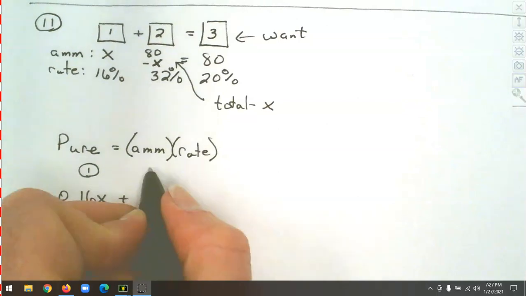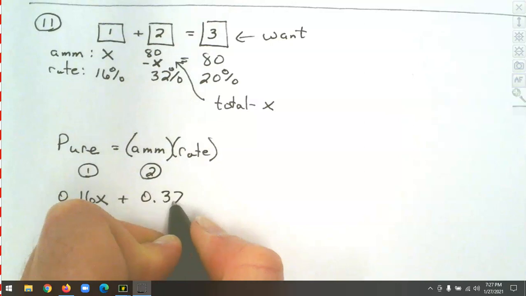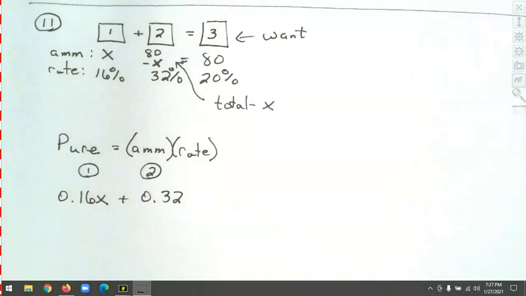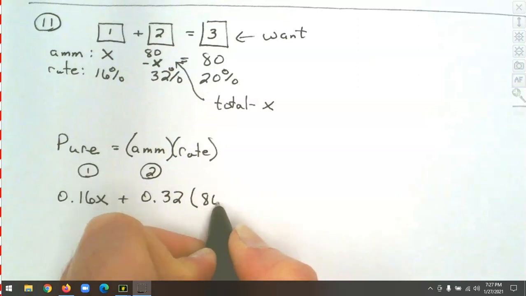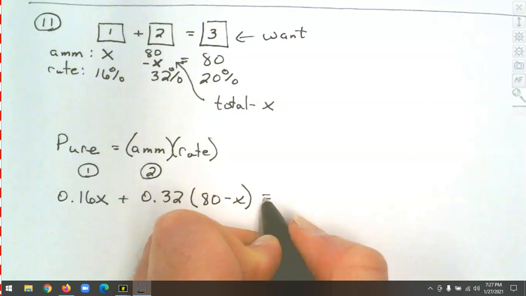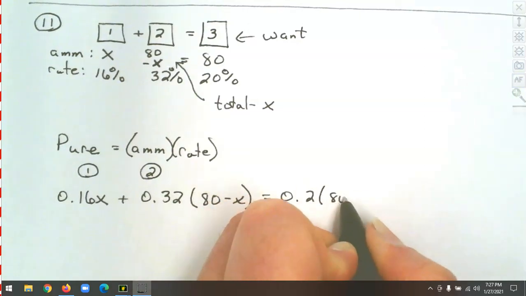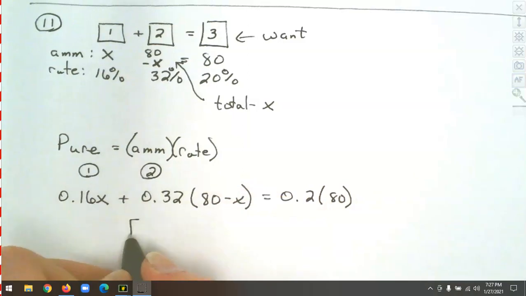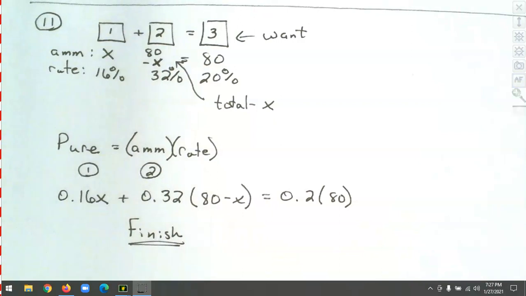The second one is 0.32, that's 32%, times 80 minus x. And what does it equal? 0.2 times 80. And you can finish it from there, right?